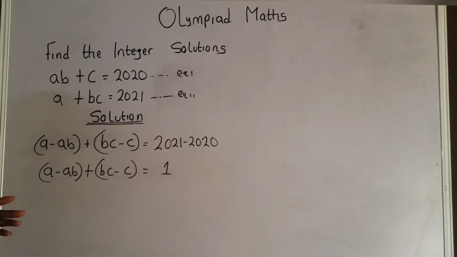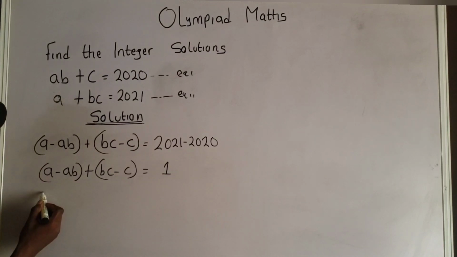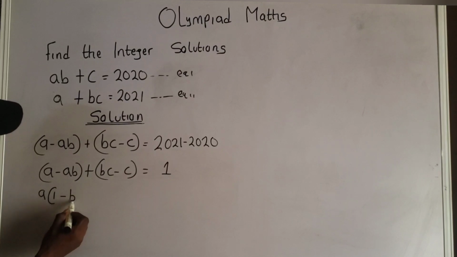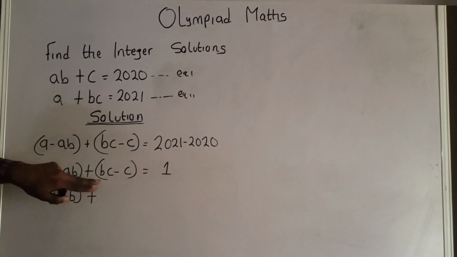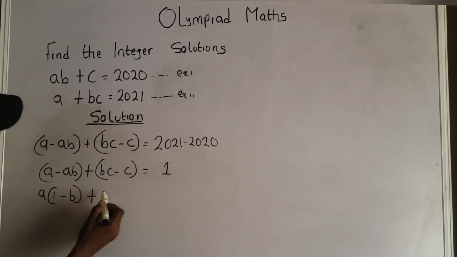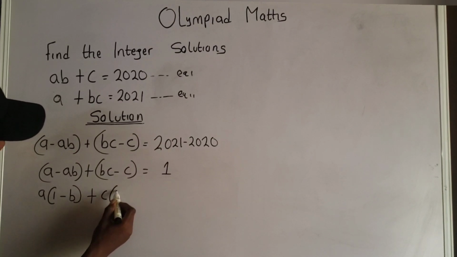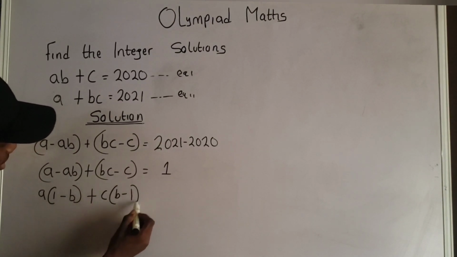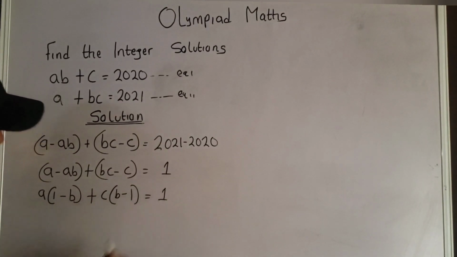Now if you look at the left hand side of this equation, you can see that I can factorize. What is common to A and -AB? I can factorize A out. So I have A(1 - B) + C(B - 1) = 1.